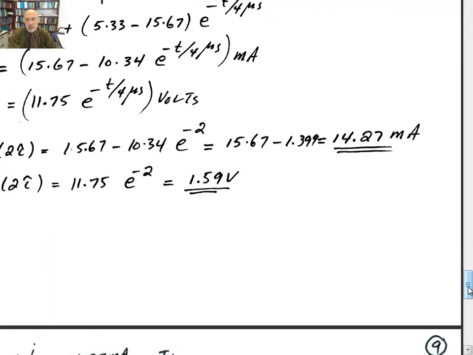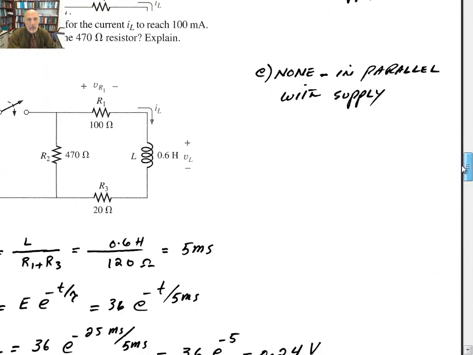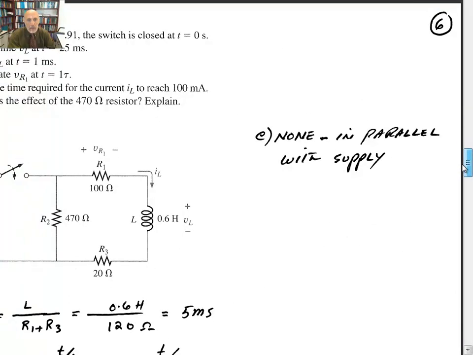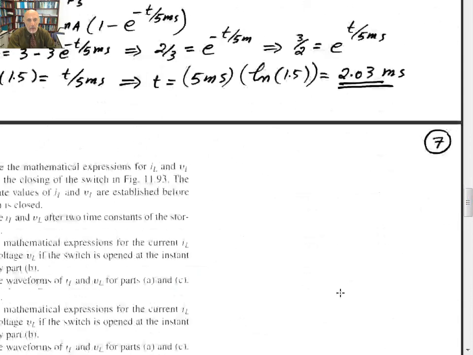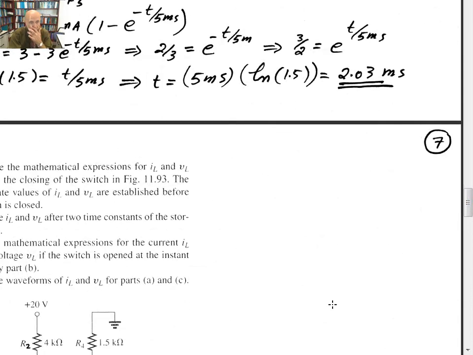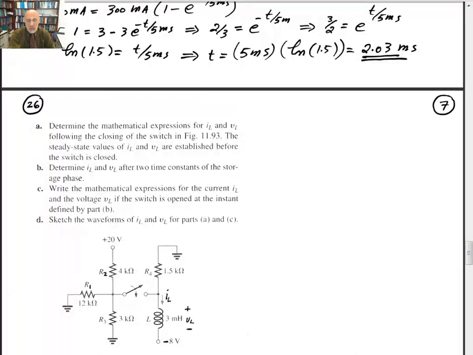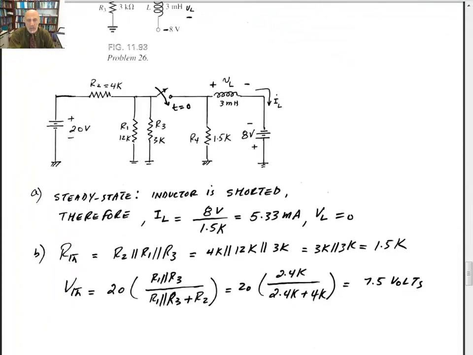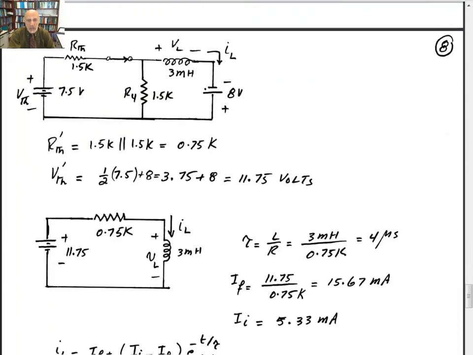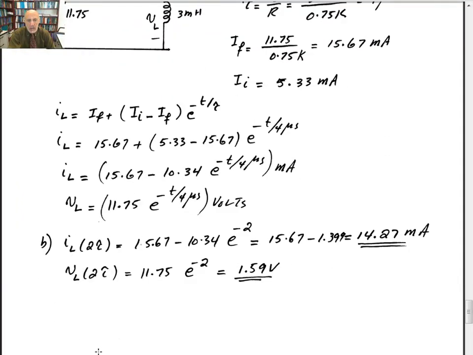I'll say part B of the problem says calculate... yeah, that was part A. Part B, it says determine I of L and V of L after 2 time constants of the storage phase, during the charging or storage. You have the equation, just plug it in.